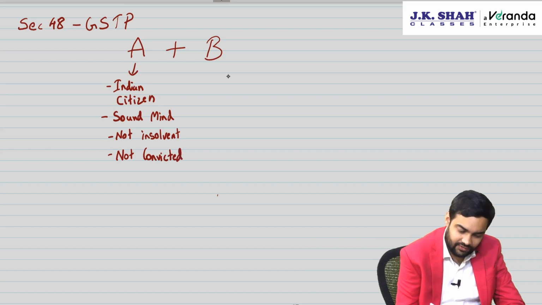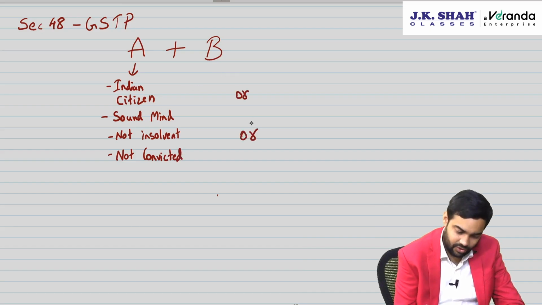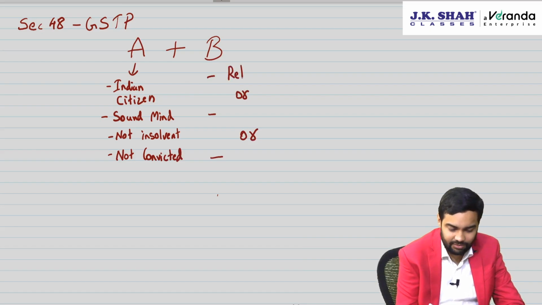B, you have to satisfy one of those because there is or, and there are 3 points. First one, retired commercial tax officer with 2 years or more of experience.